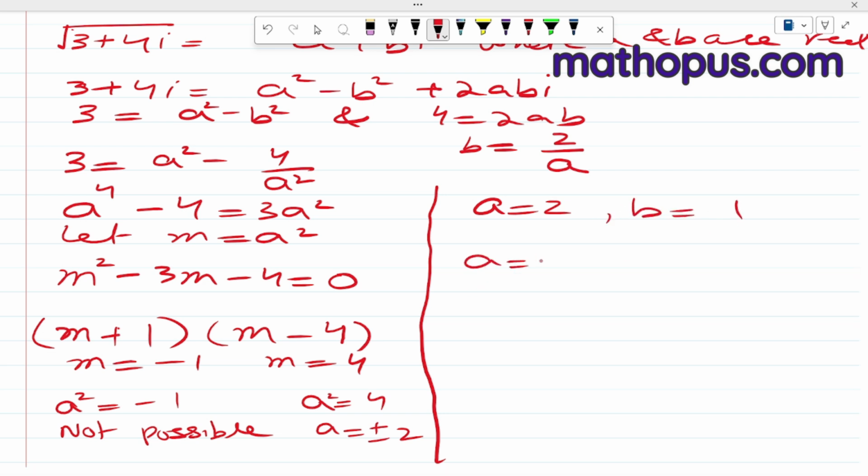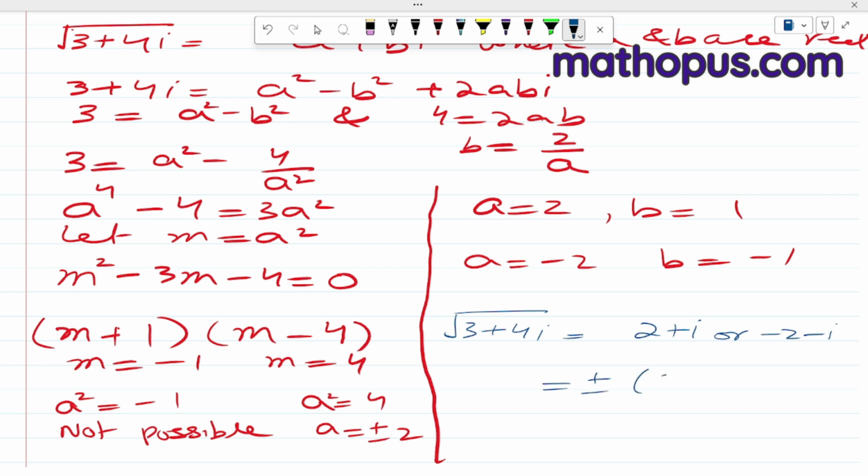When a is minus 2, then b is minus 1. So finally, the square root of this complex number, which was 3 plus 4 iota, equals 2 plus iota, or minus 2 minus iota, or you can write it as plus and minus (2 plus iota). So these are the two square roots of the Cartesian complex number 3 plus 4 iota.